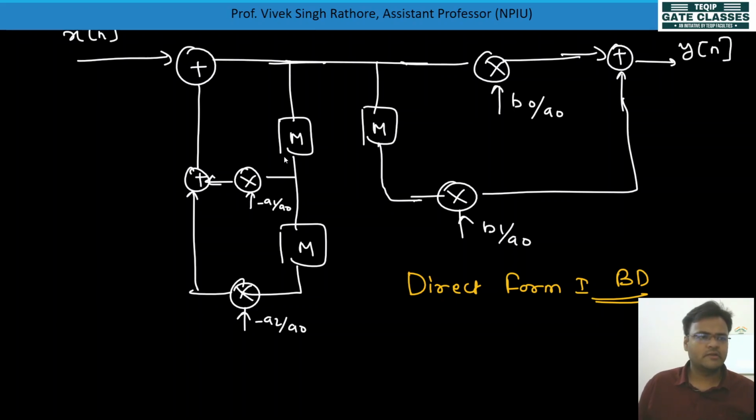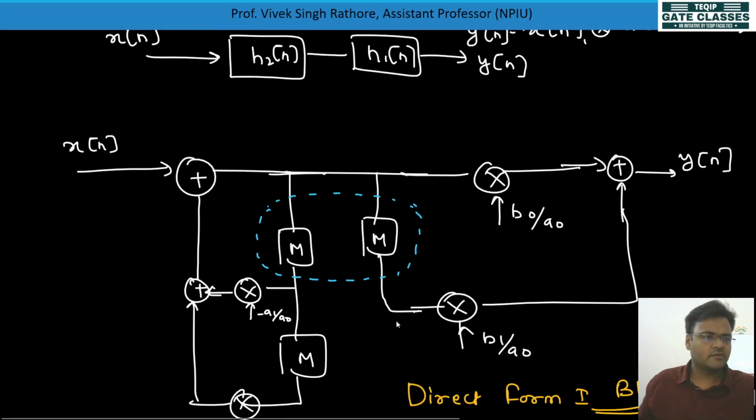Now I'll tell you, see, this is going on like this. So there is one delay factor, so what we can do is, see, both are taking the same input, so we can merge them and make only one delay factor. So now we'll go for direct form 2, which will merge things.